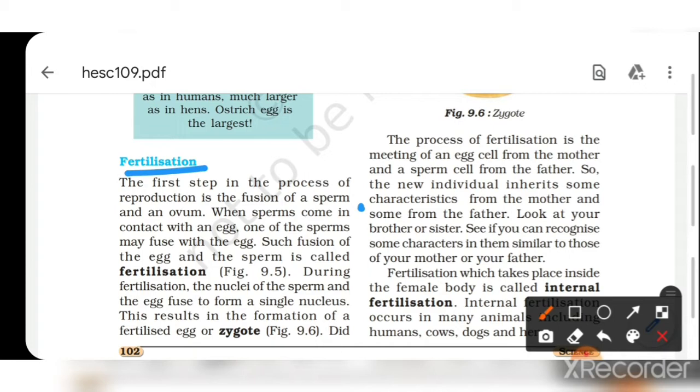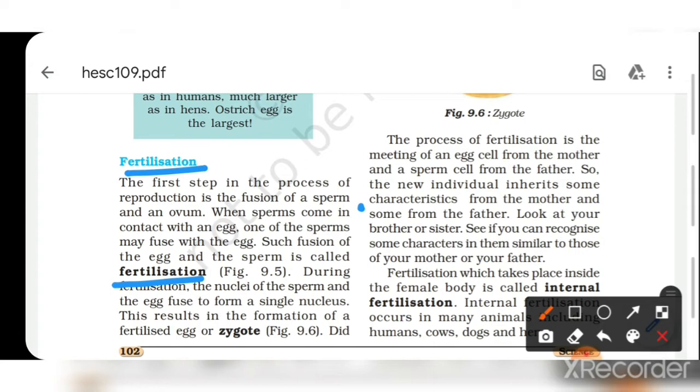When sperm come in contact with an egg, one of the sperm may fuse with the egg. Such fusion of the egg and the sperm is called fertilization. Which is called fertilization?